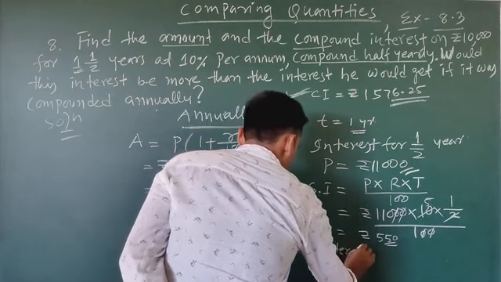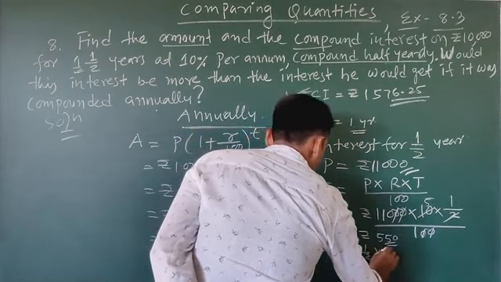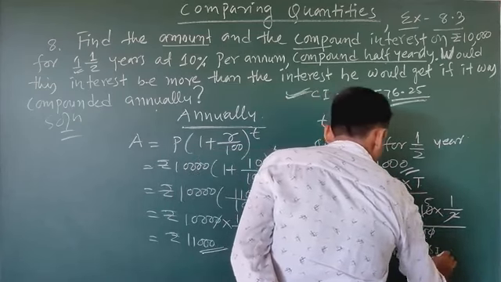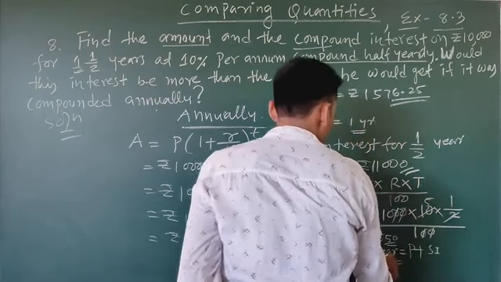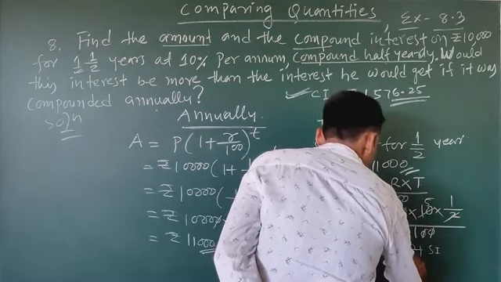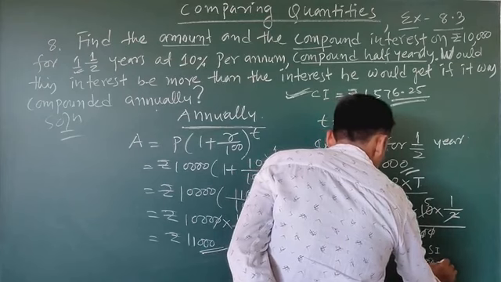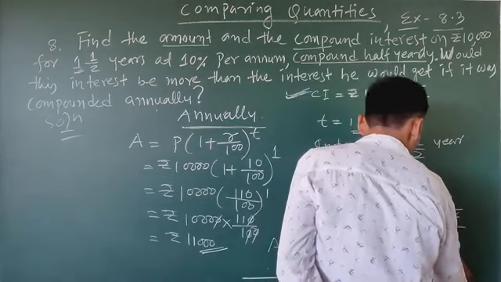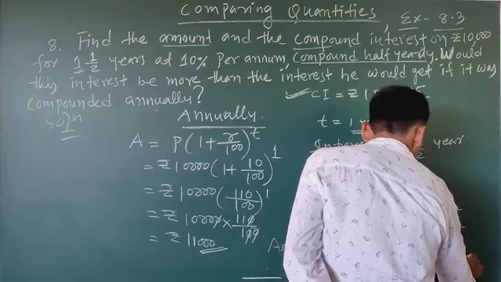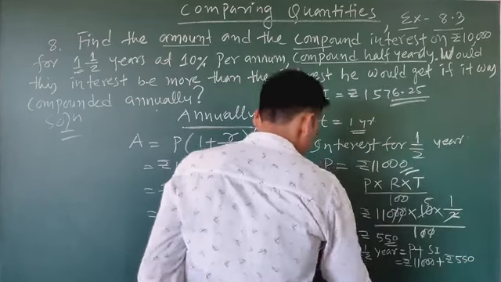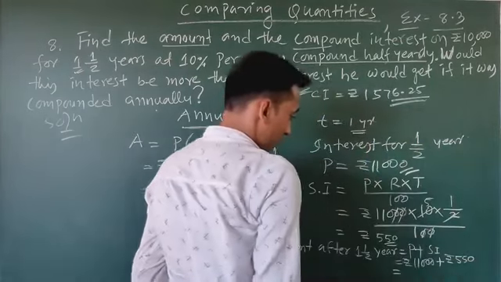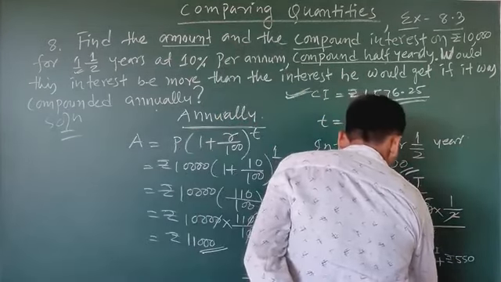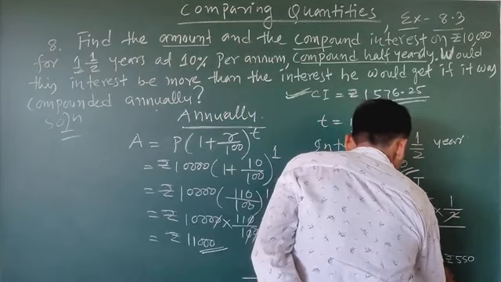Now we find the amount after 1.5 years, which is principal plus simple interest. Principal is 11,000 plus interest 550, total 11,550.